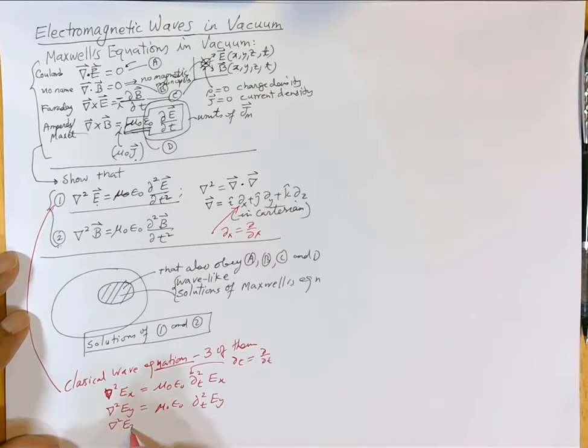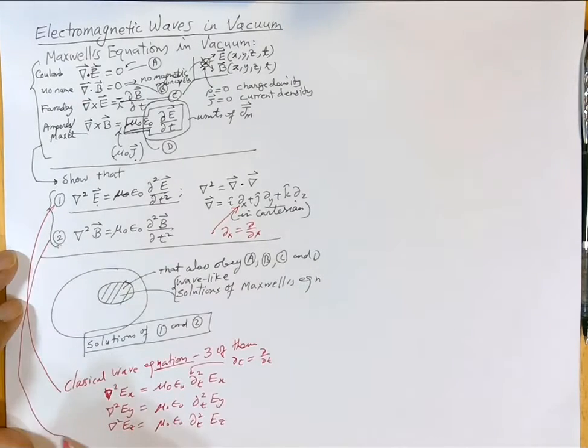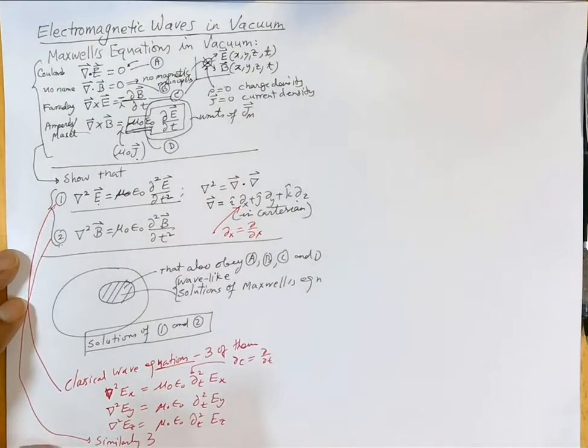Del square Ez equals mu naught epsilon naught dt square Ez, right? And similarly for this, 3 equations for this.